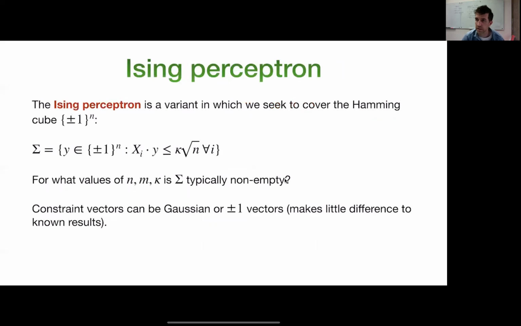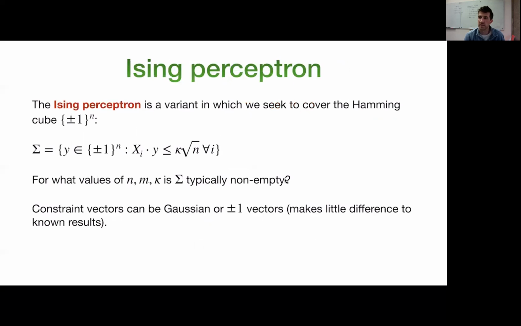Okay, so moving closer to computer science and algorithms, you can come up with other variants, and this one makes a lot of sense, the Ising perceptron. Now instead of solutions lying on the sphere in n dimensions, solutions are plus minus 1 vectors of dimension n, so the Hamming cube in dimension n.